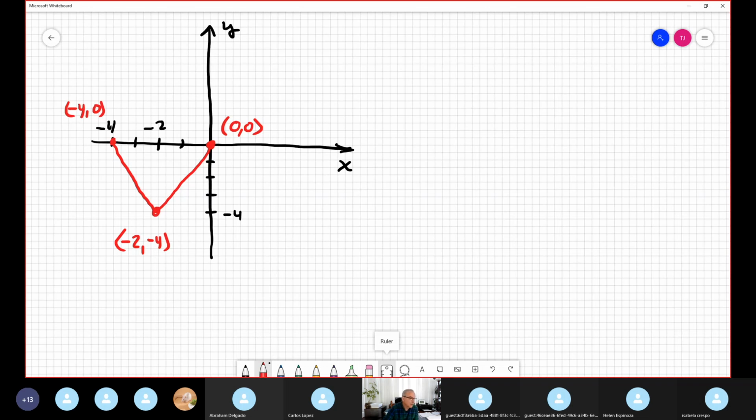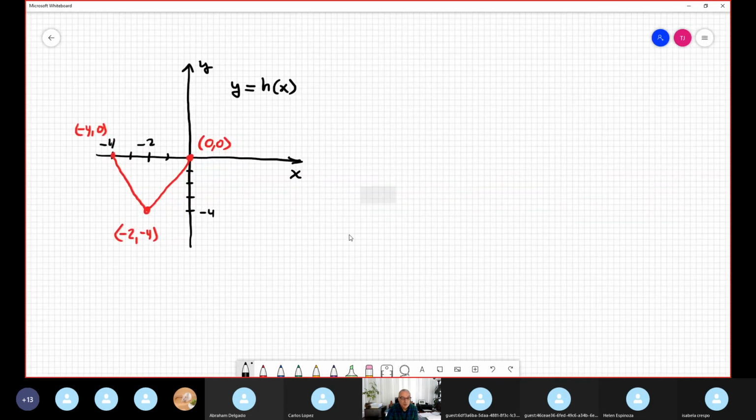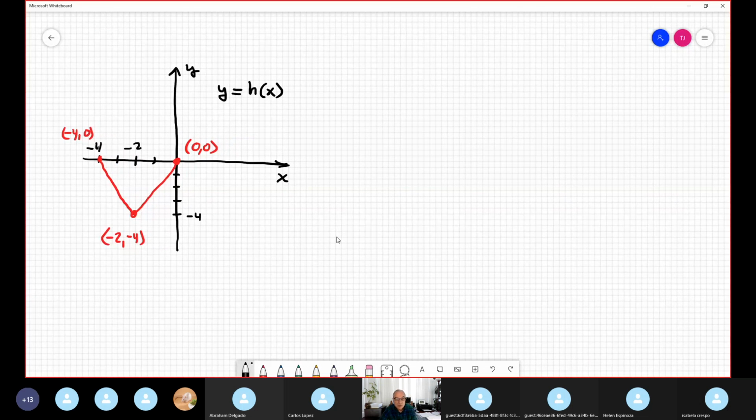I call this function y equal h of x. This is h of x. Entonces, what is the question? The question is, well, doing the transformation, please try to do the graph of this function. Okay, it's y equal minus h of x plus 2.